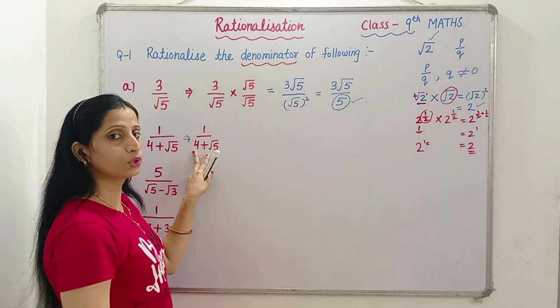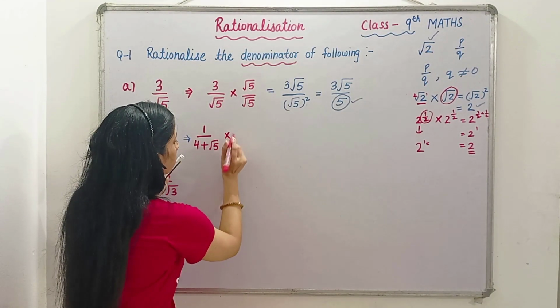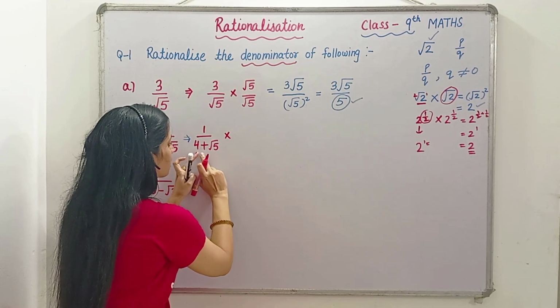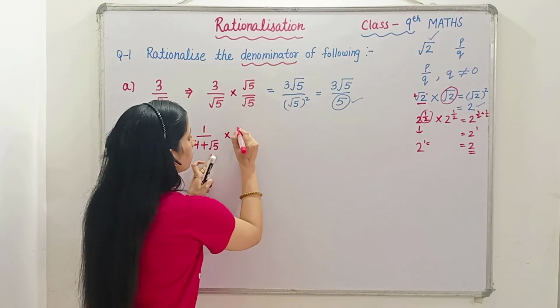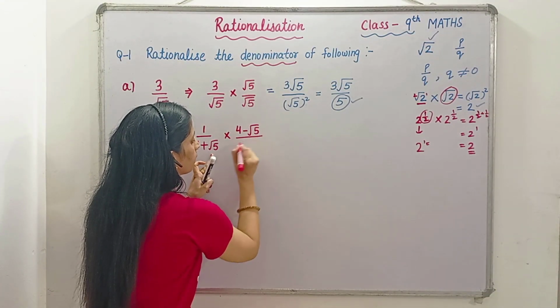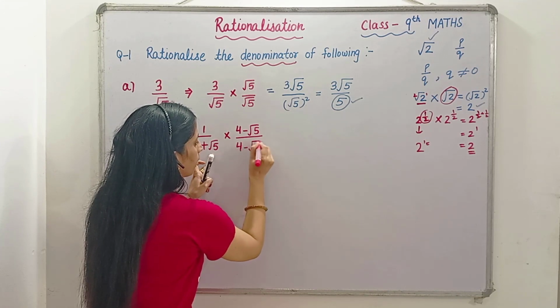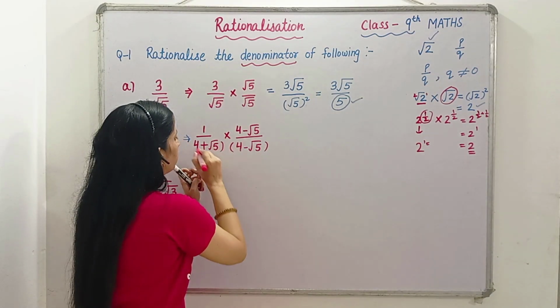Now what will we do in these types of questions? We will multiply by changing the sign in between them. It is 4 plus root 5, so we will multiply by 4 minus root 5 in the numerator as well as in the denominator. Okay, why did we multiply by this?